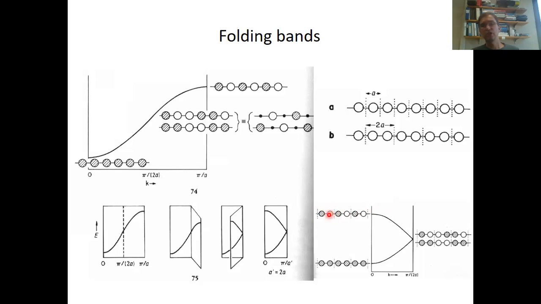We can just translate one base set by a full lattice parameter. Whereas here at the position pi over 2a, we would now have basically alternate algebraic signs for the base set of the wave function. So this is our base set of the wave function for this orbital. Basically, in the next repeating unit, the algebraic sign of that base set would be changed.